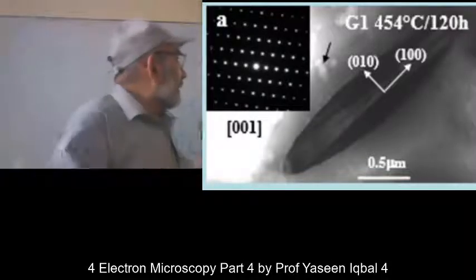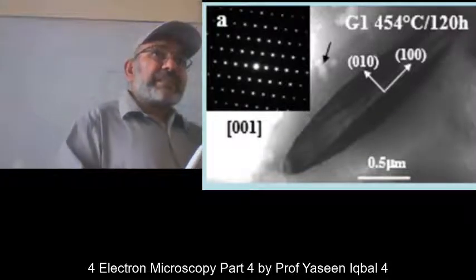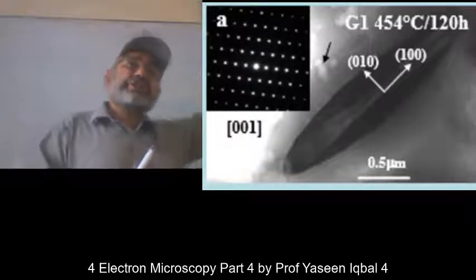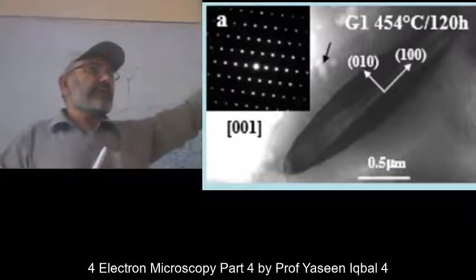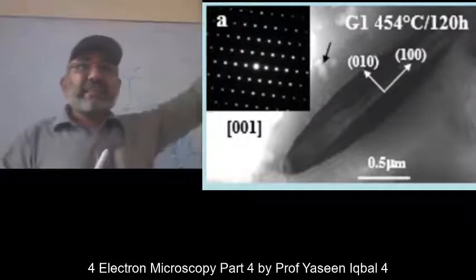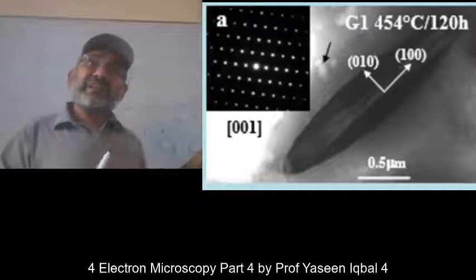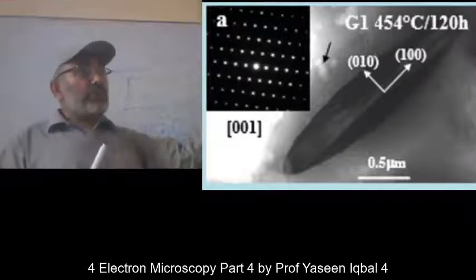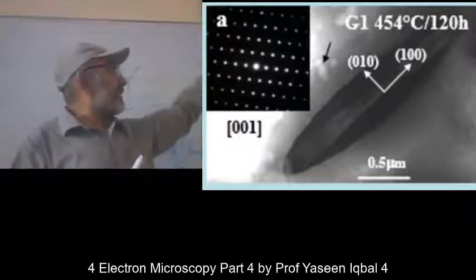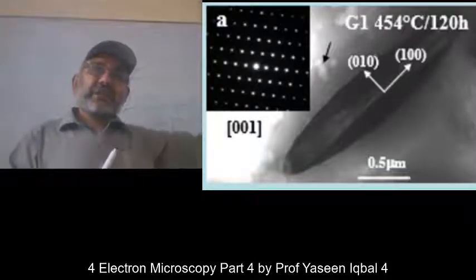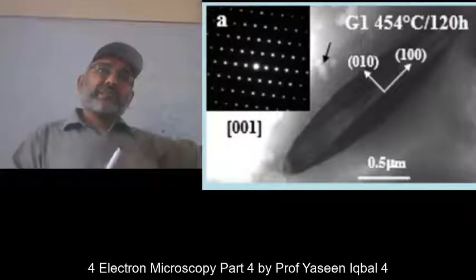So if the diffraction spots along this direction are 100 and the crystal appears like this, then the longer dimension is 100. If this dimension is 010 in the diffraction pattern, then this dimension is 010 of the crystal.